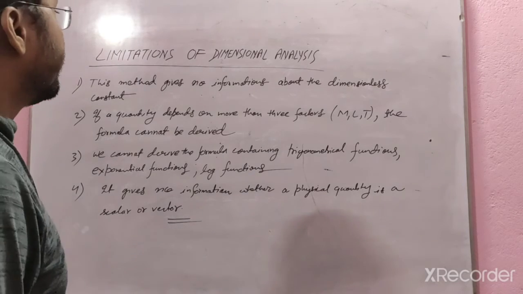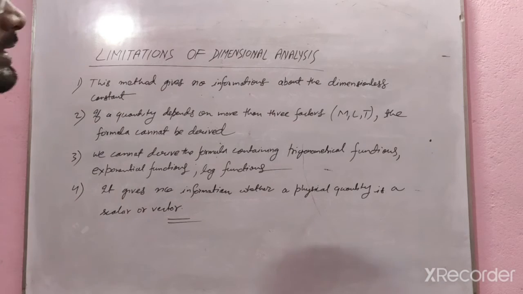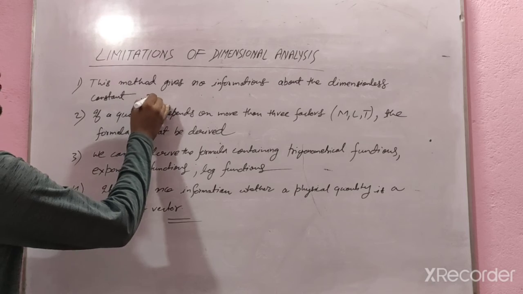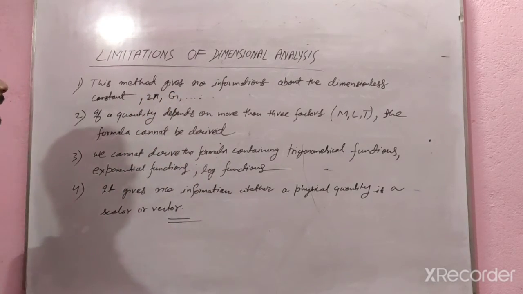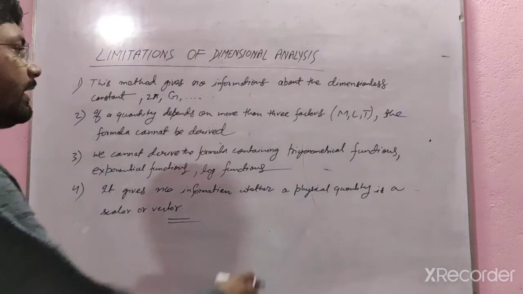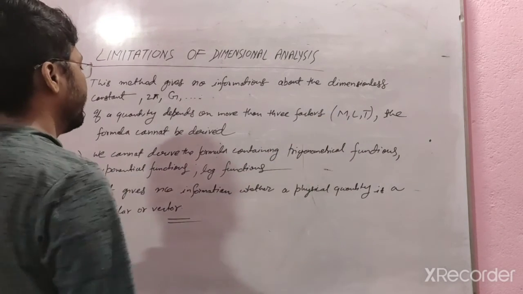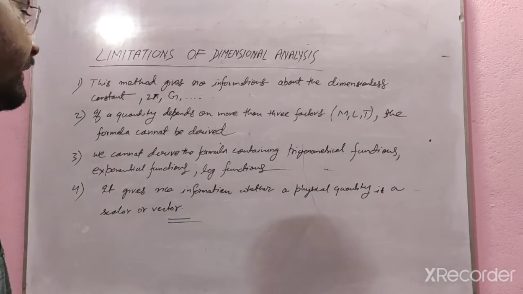Now students, there are limitations of dimensional analysis. Let us see. This method gives no information about dimensionless constants. Dimensionless constants means 2π, etc. If a quantity depends on more than 3 factors, whether mass, length or time, the formula cannot be derived.